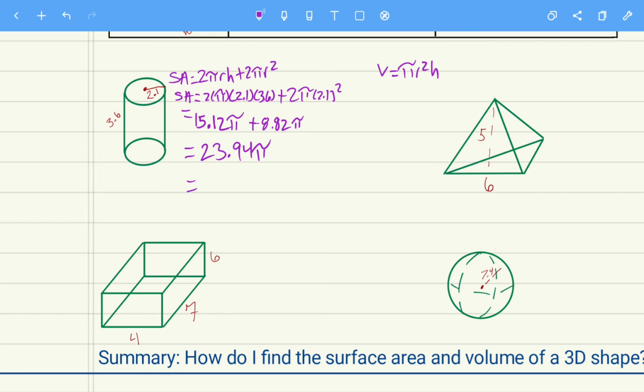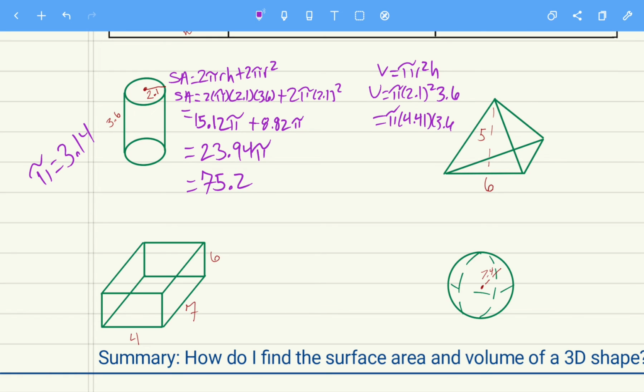And you could leave it like that or multiply those. Remember, pi is 3.14. And that gives us 75.2. And that would be units squared for the surface area. Now let's go ahead and do volume. Volume is pi times 2.1 squared times the height, which is 3.6.